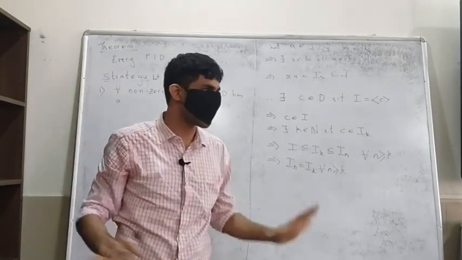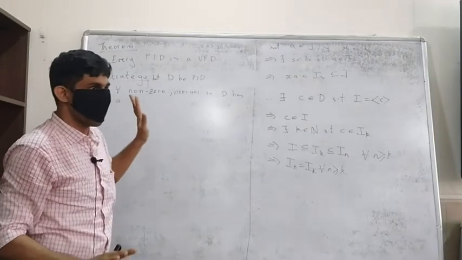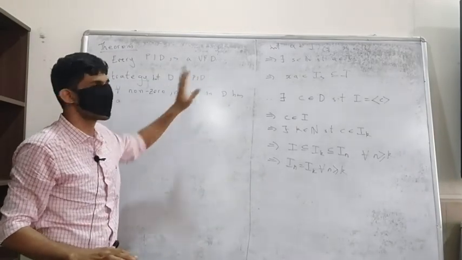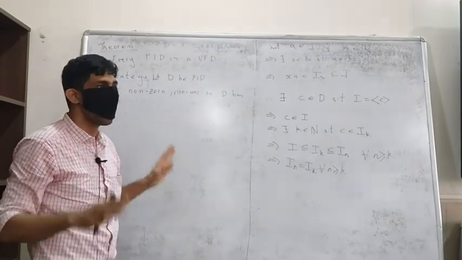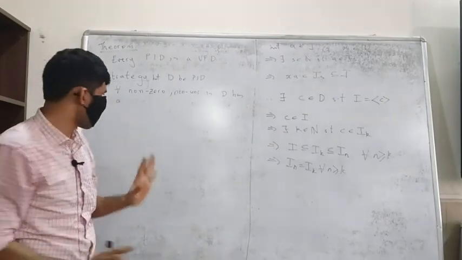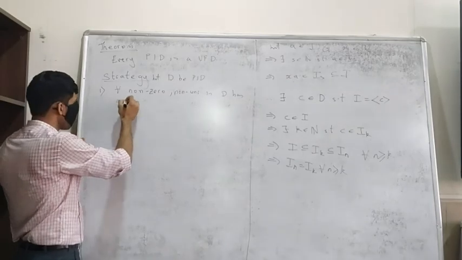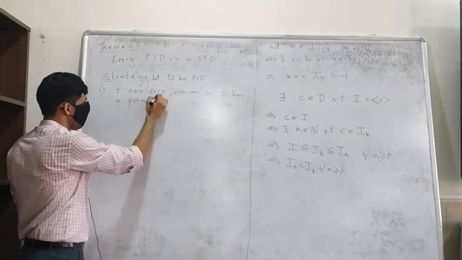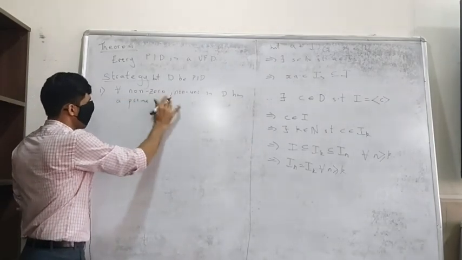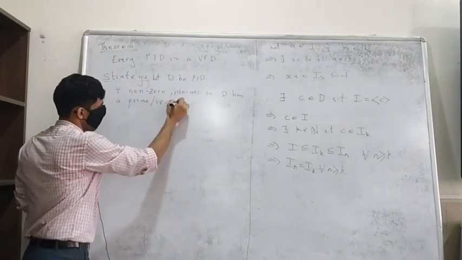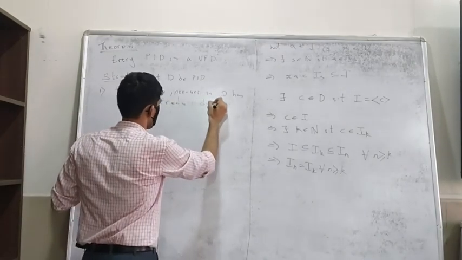Irreducible divisor means exactly the same thing, because I'm showing that every PID is a UFD. In PIDs, primes and irreducibles are the same, so I did not worry about what I say here. So it has a prime divisor. If you want to write irreducible, it means exactly the same thing.